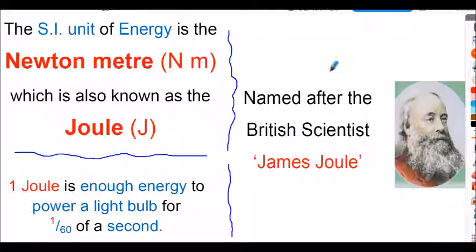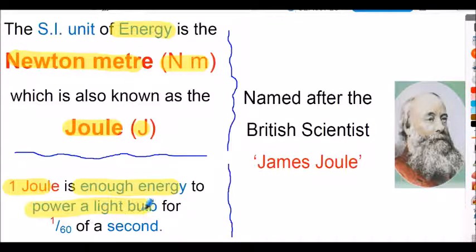As you already know from a previous presentation on work done, because work is energy of course, the unit of energy is the Newton meter, which is also known as the joule, capital J. And for reference, a joule is enough energy to power a traditional light bulb for 1/60th of a second.